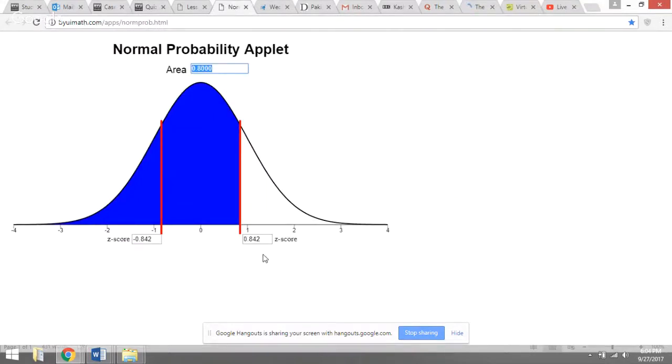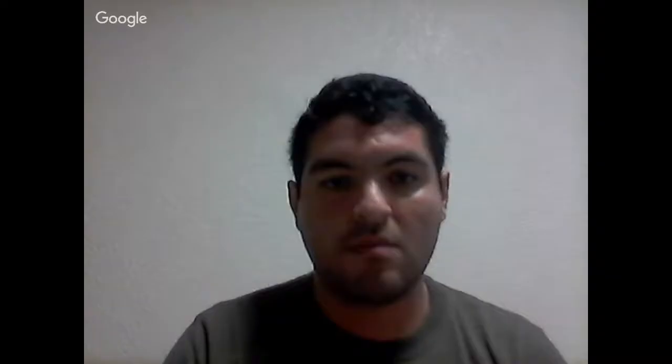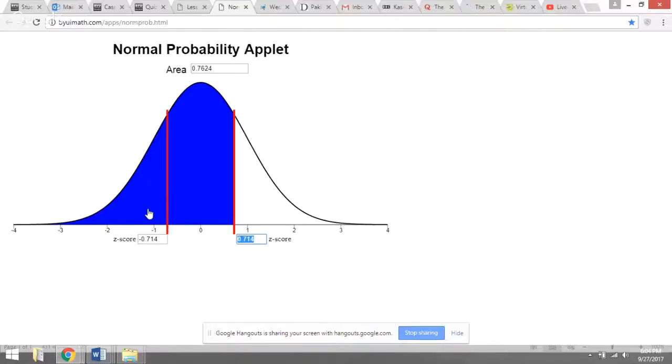So, if you plug the Z-score 0.7143 into this applet, all it wants you to do is find what this highlighted middle part is.